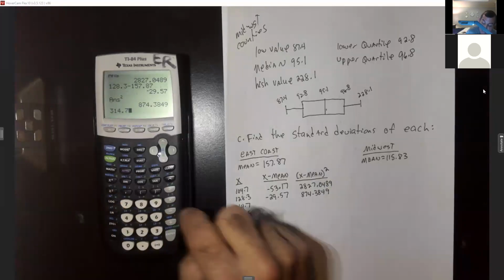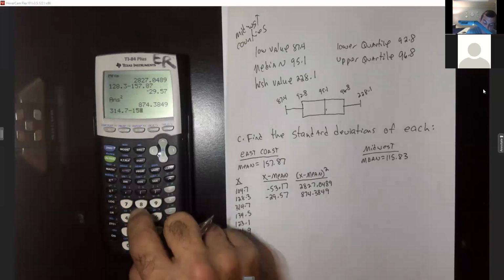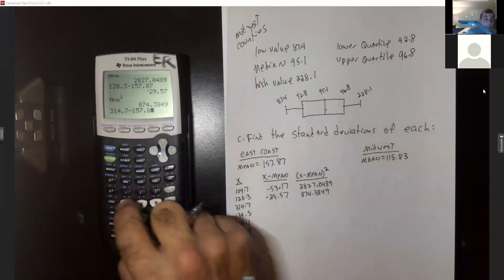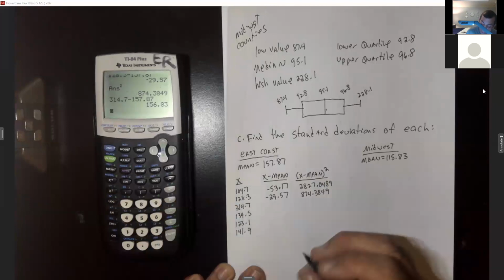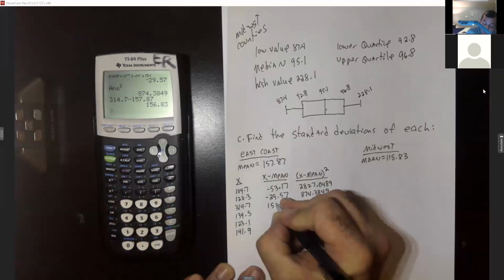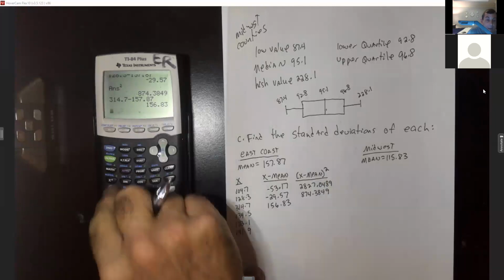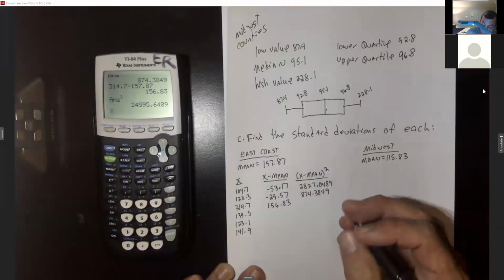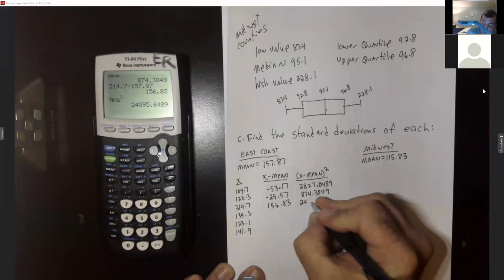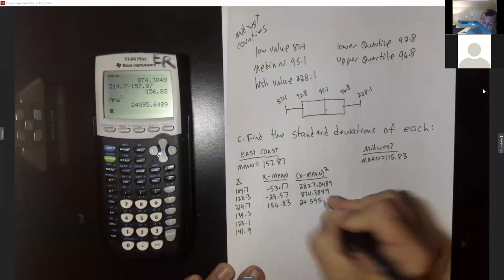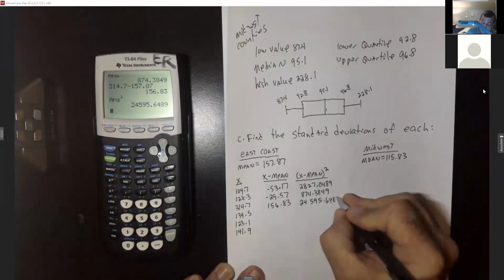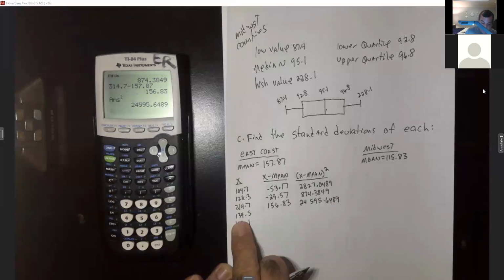Same thing here. 314.7 minus 157.87 is going to give me 156.83. When I square that, I get 24,595.6489. Whoa, some of these are big.